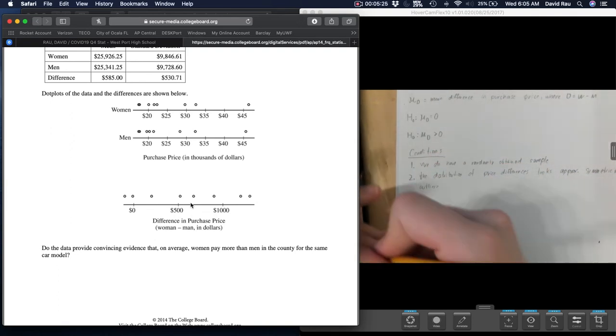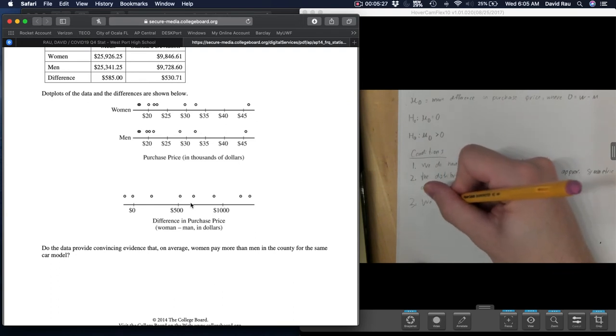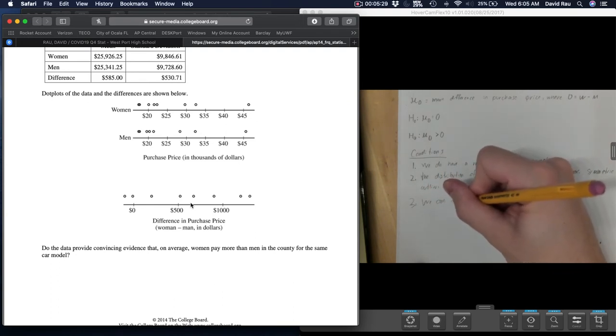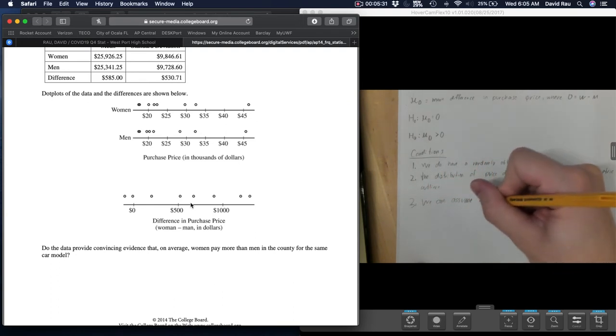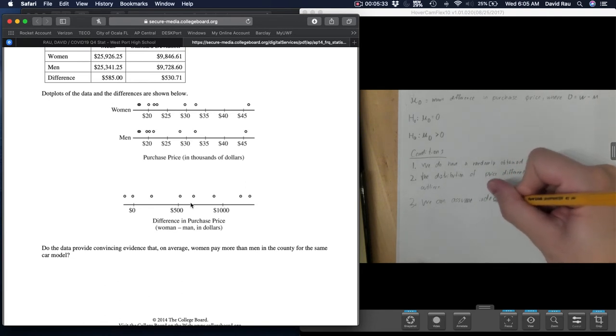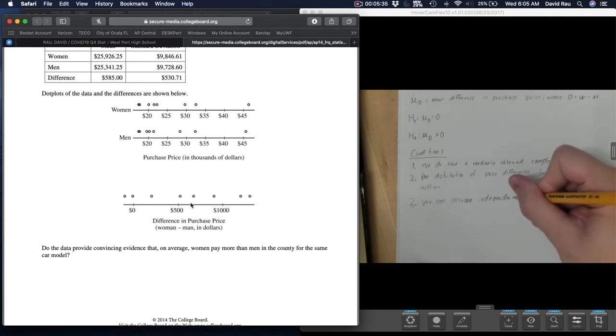And 3, just for the fun of it, we can assume independence based on sample size.